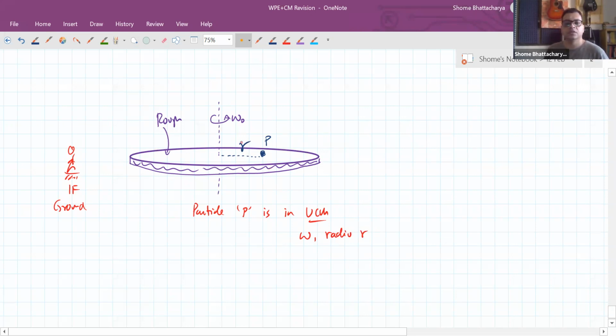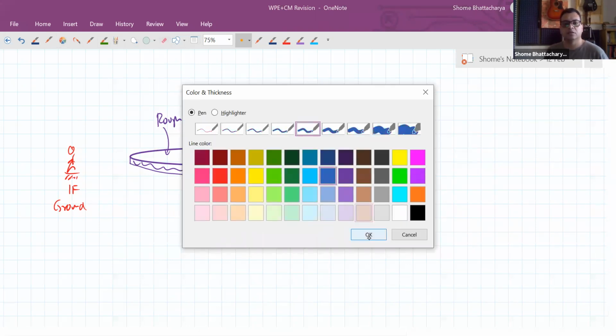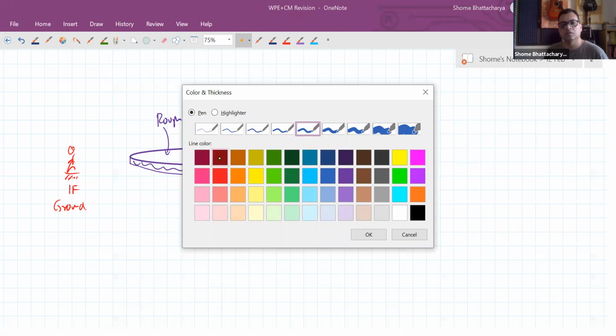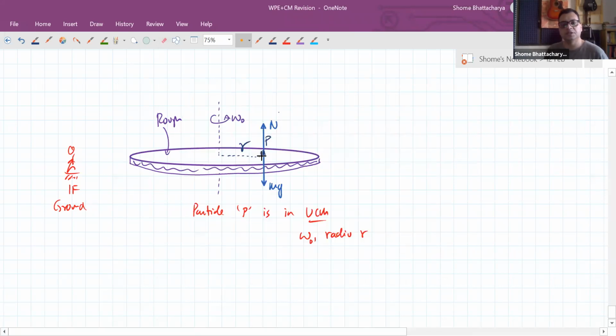In his frame, the forces acting on it are its weight, which is acting vertically downwards, a normal reaction force that the platform is applying vertically upwards, and most importantly a frictional force which is providing the necessary centripetal acceleration.